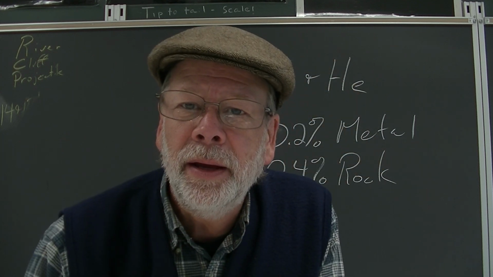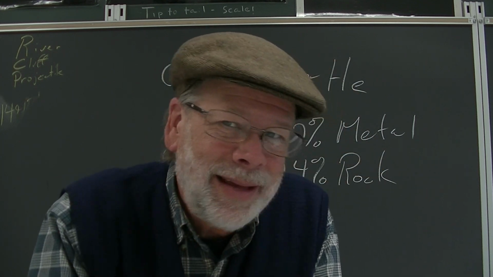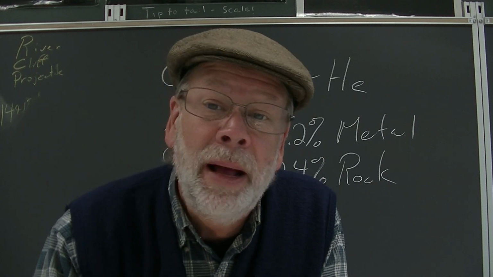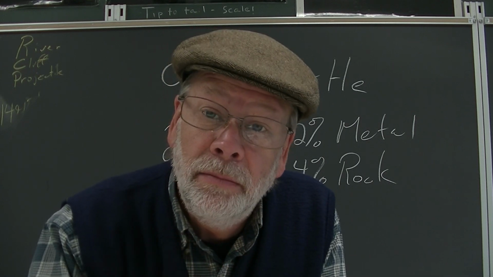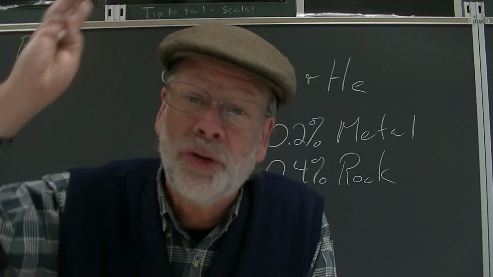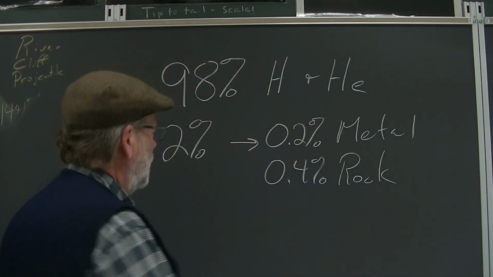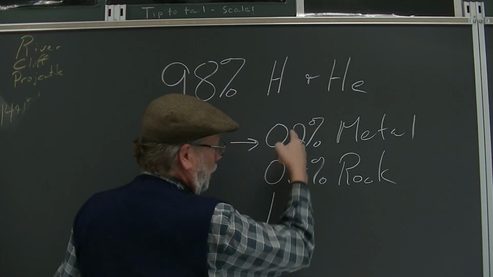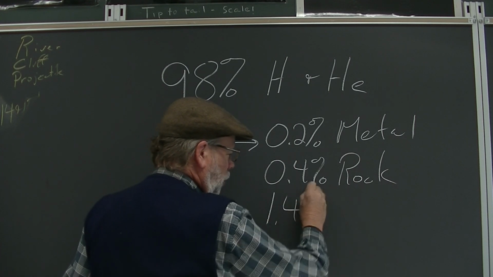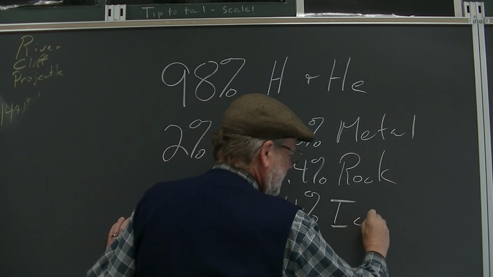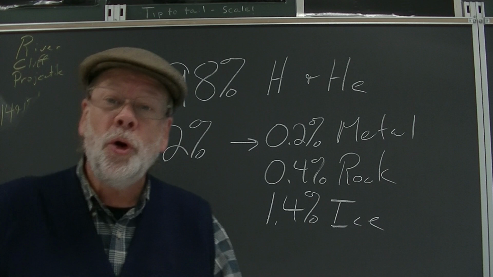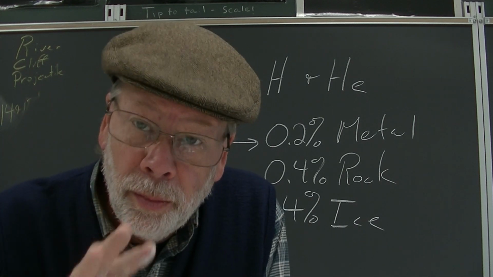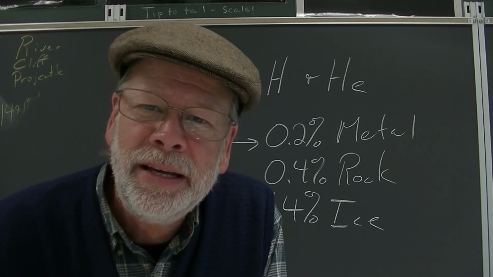Metal is the same thing. At very high temperatures, a piece of metal is happy to be a piece of metal. It doesn't melt or vaporize until the temperature gets extremely high. All right? The remaining part is 1.4%, and that is ice. So by far the greatest part of that 2% is ice.